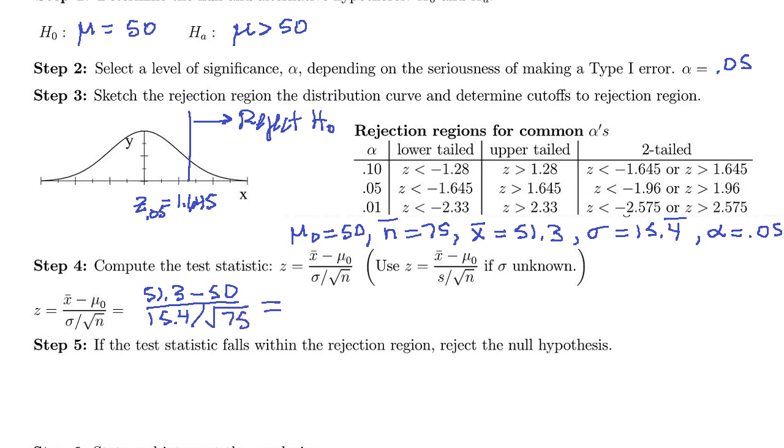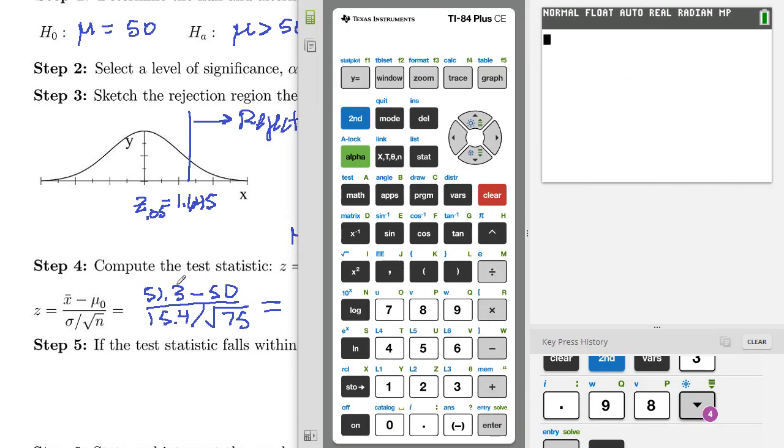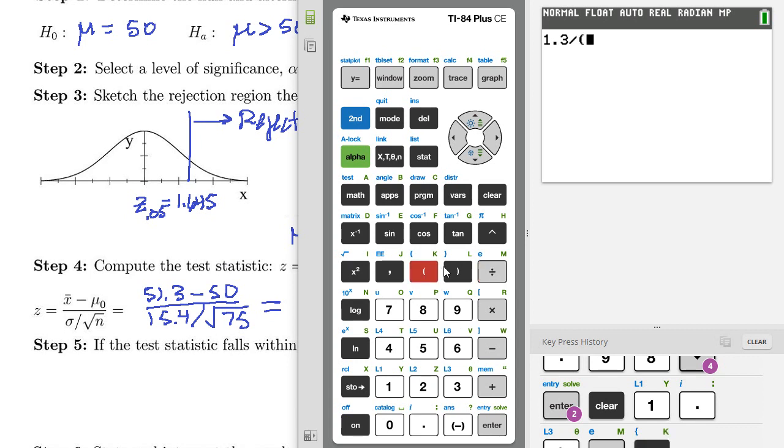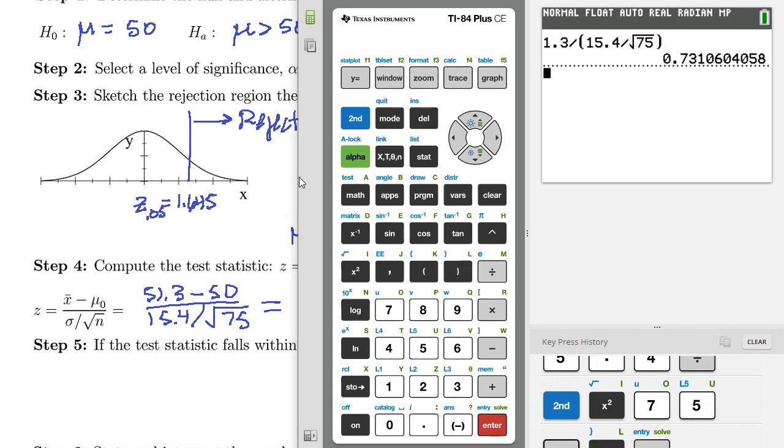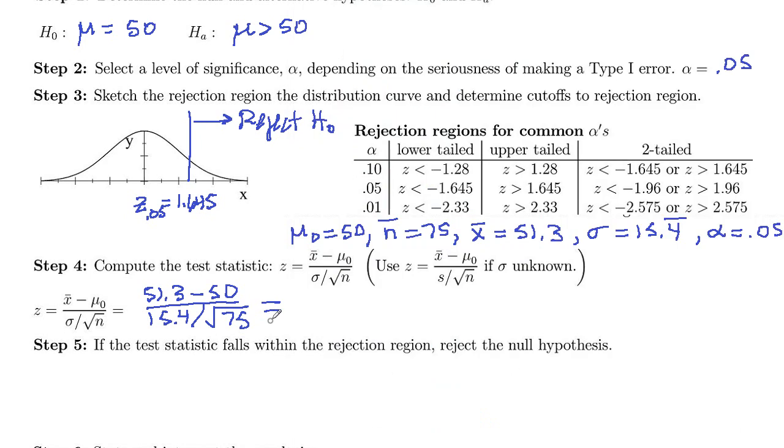So let's go ahead and enter that into the calculator. 51.3 minus 50, that's just 1.3, so we can do that in our head. And then we're going to divide by, let's put some parentheses in there, 15.4 divided by square root 75. Close up our parentheses. So 0.73.